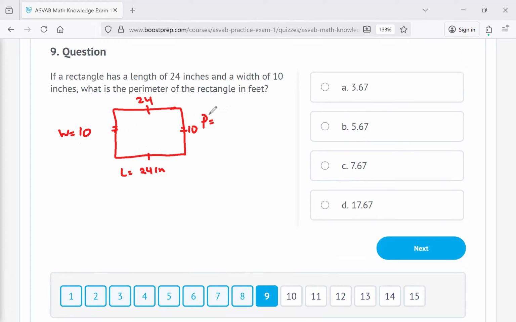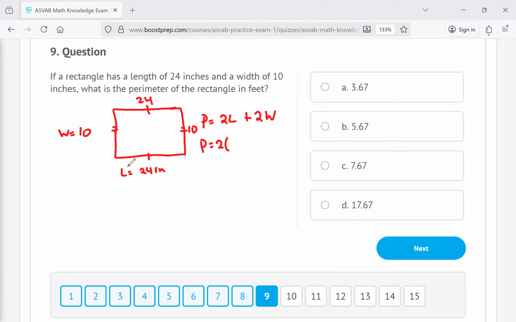But, oh, we have a problem. What is my problem? They want to know in feet, and we have inches. So what I'll do is first find it in inches, then I will convert it to feet. You'll see. So what is the perimeter? You can add up all the sides, or you can use the formula 2 lengths plus 2W, right? If you don't like that formula, just add up all the sides.